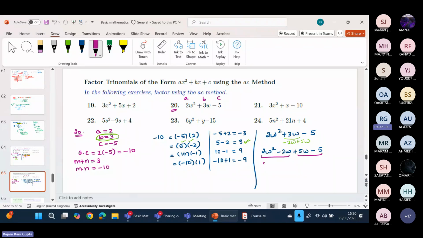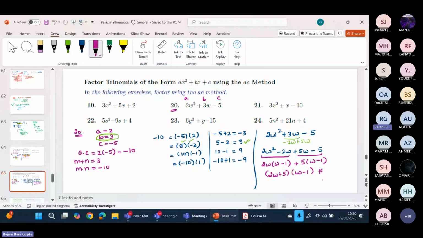Okay, so now you take the common factor. In the first term, you can take 2w, which gives you w minus 1. And here you take 5 as a common factor, giving you w minus 1. So this gives you w minus 1 times 2w plus 5.